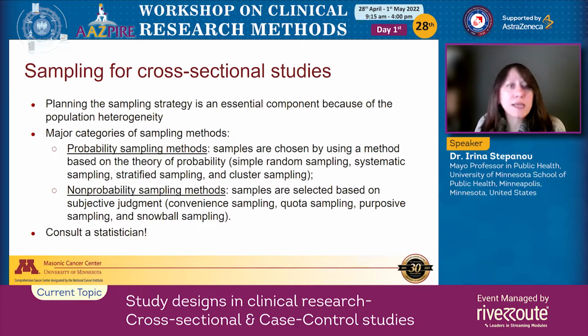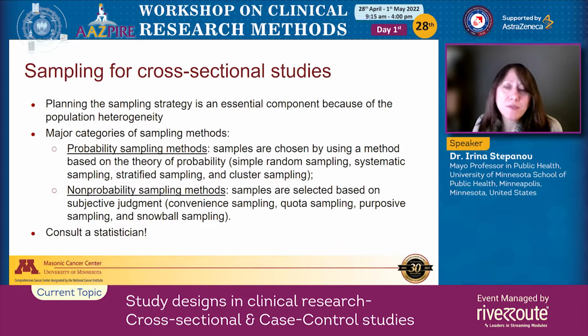And the second category is non-probability sampling methods. In this case, samples are selected based pretty much on subjective judgment. In general, probability sampling methods are preferred over non-probability ones because probability sampling is considered to be more accurate and more rigorous.